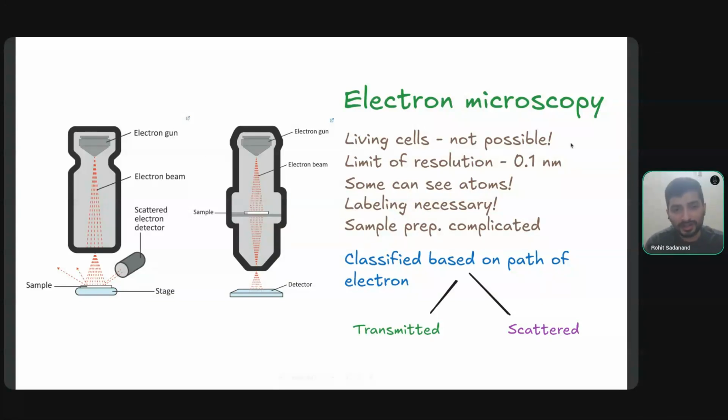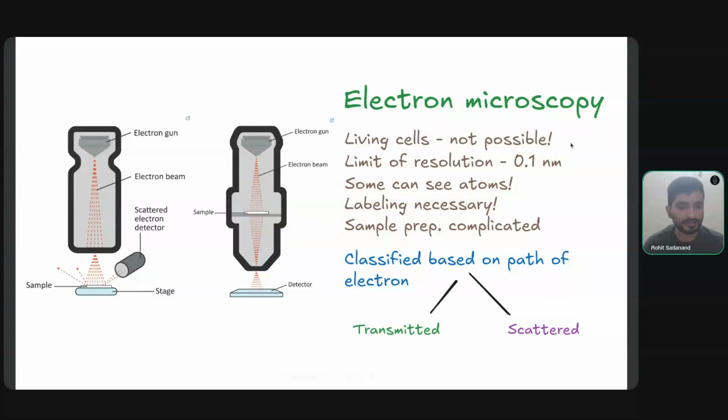And like we had discussed, in light microscopy there are two major types, namely transmitted and emitted light microscopy. In electron microscopy, there is either transmitted or scattered. So there's no emission of electrons unless you would probably imbue a biological sample with radioactive material which emits electrons. That would be interesting. I'm not sure if it has been done yet, but the two major kinds of electron microscopy are transmitted electron microscopy and scattered electron microscopy.